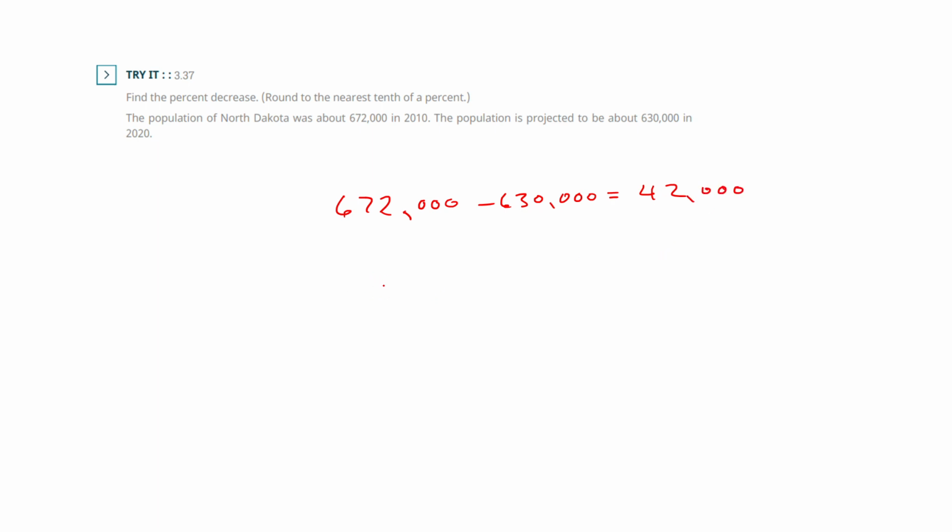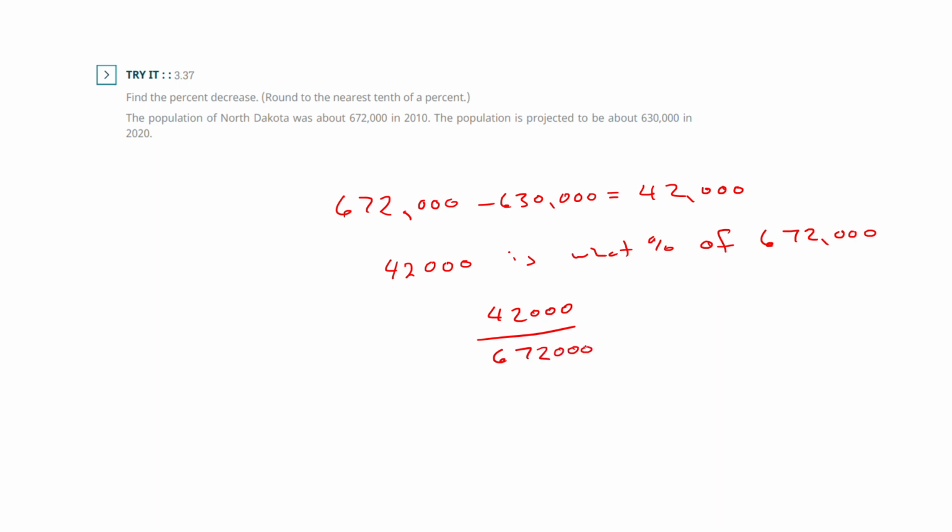Okay, so we've got this change is what percent of the original price, or in this case, the original population, which was 672,000. So there's my is, there's my of, see, of 672% over 100.